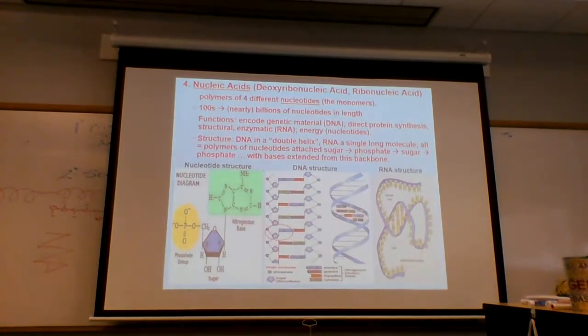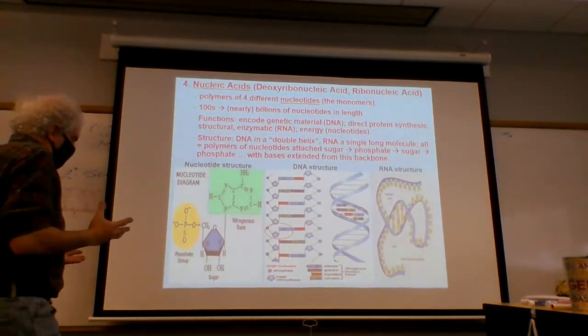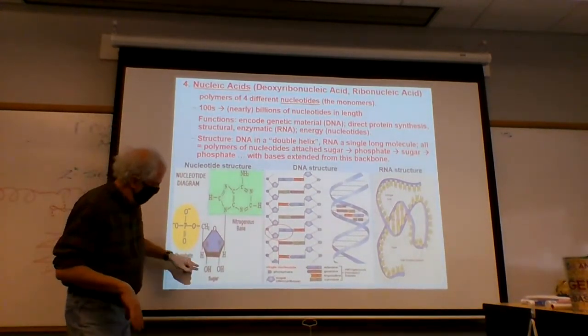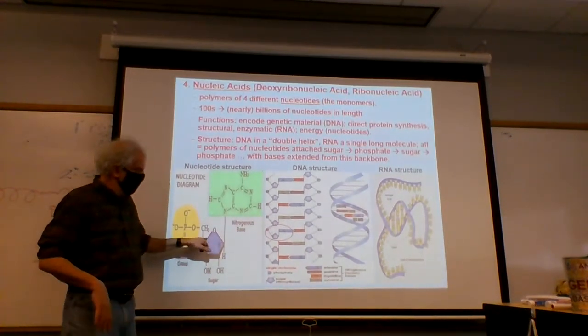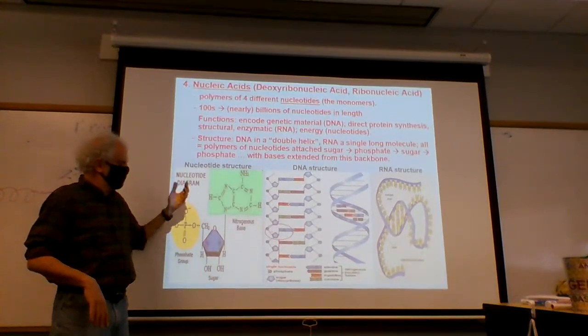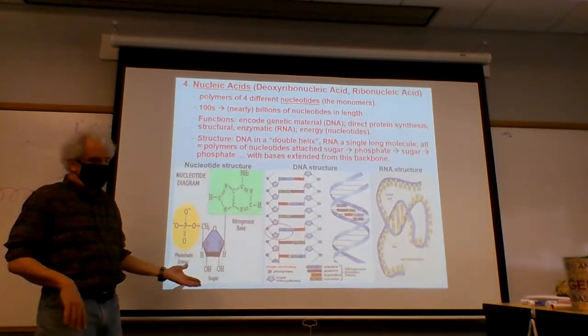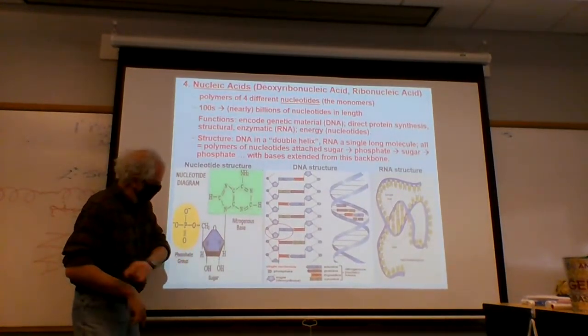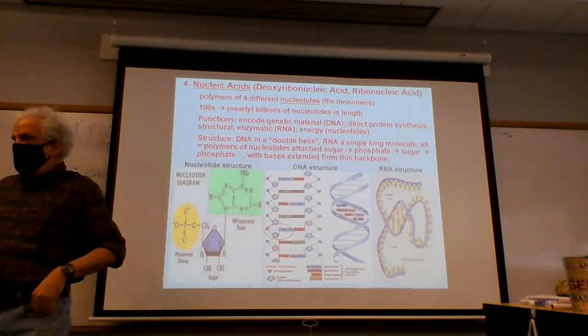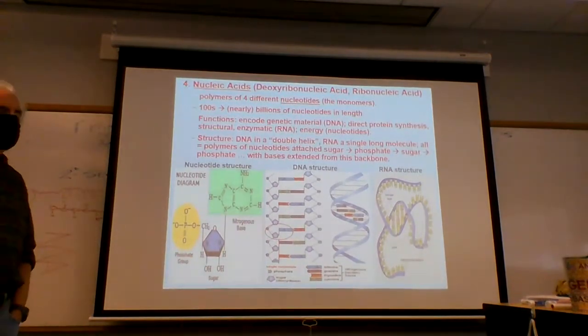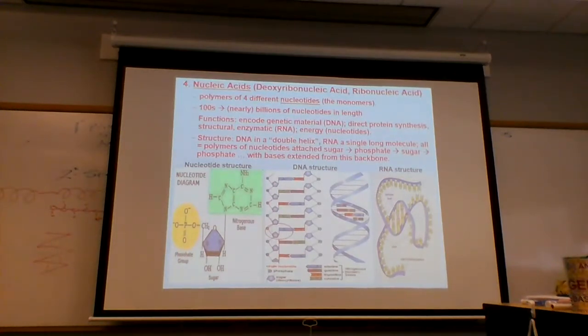And we find organisms that have both of the OH groups. This is a ribose sugar, a 5-carbon ribose sugar, and so this is called a ribonucleic acid. If you pull one of the OHs off, or this one specifically, you have deoxygenated it, and it's now known as deoxyribonucleic acid.